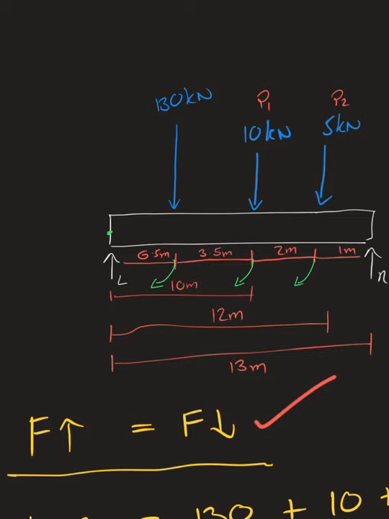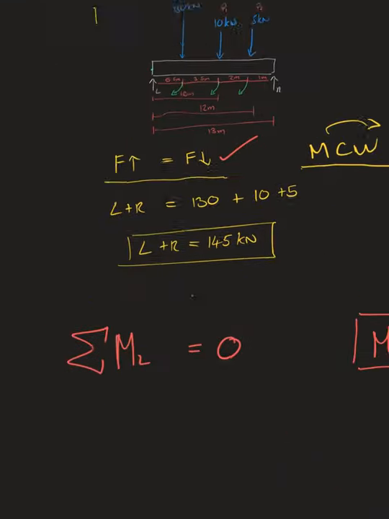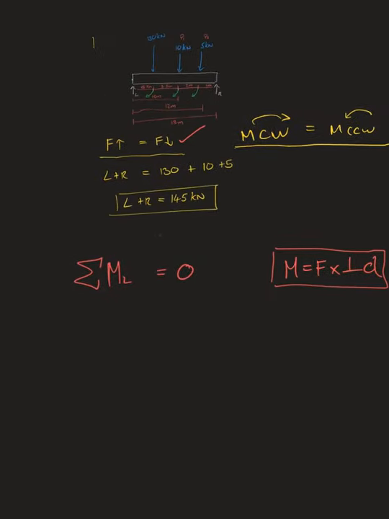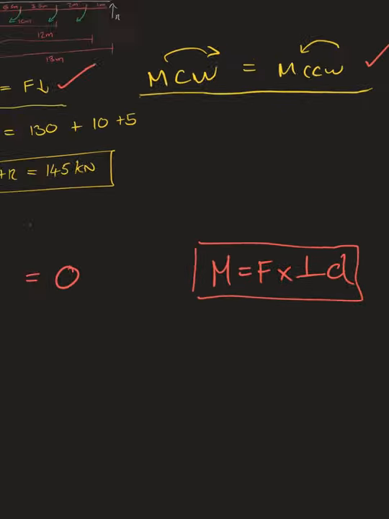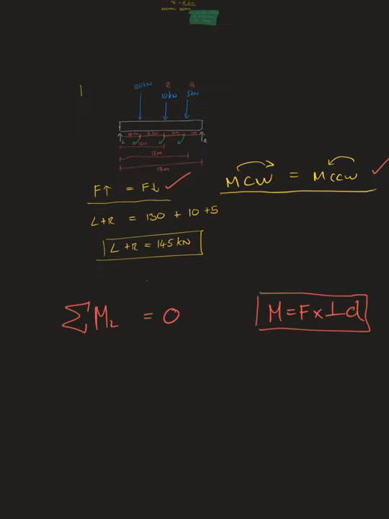All of these points want to push me this way. And I need to remember that a moment is a force by a perpendicular distance. The second place students will fall down is this perpendicular distance. This is the entire distance from L to that point.